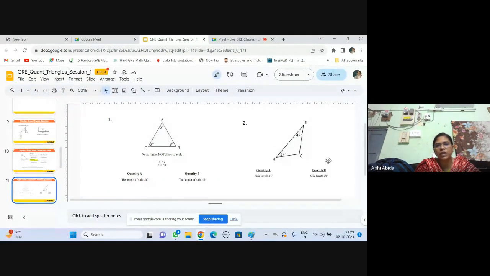There are two quantities as usual, and we need to compare the side length of AC and the side length of DC. We need not find the actual lengths here. We have to assume which one is comparatively greater or equal.